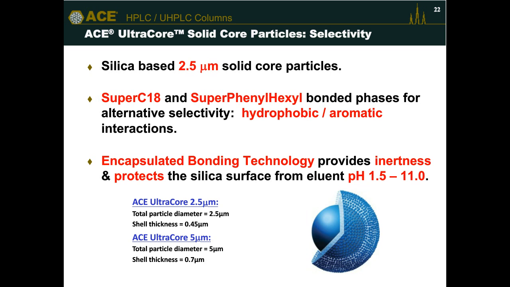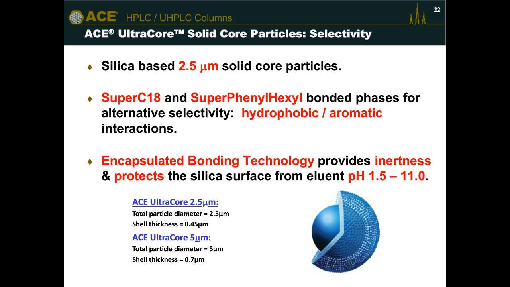What that means is it has an encapsulated bonding technology to extend the pH range. So actually, I can not only exploit the two different stationary phases, but also I can exploit pH when I'm doing my method development. So this phase is good between pH 1 and pH 11. So it's more extensive than our standard silica-based materials.